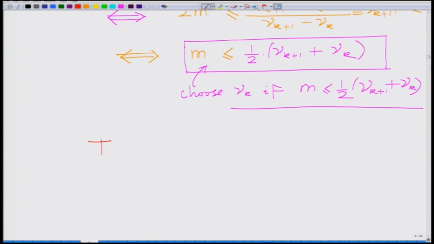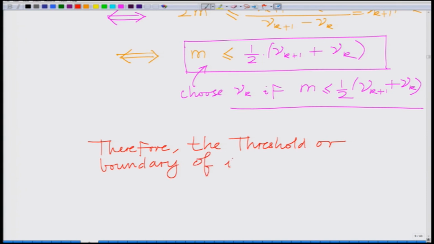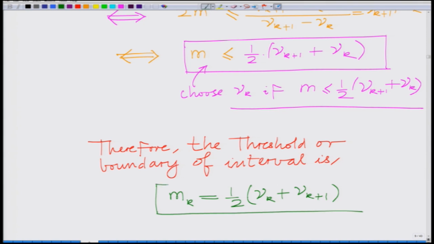Therefore, this summarizes the threshold, or basically the boundary of the interval: m k equals half of nu k plus nu k plus 1.